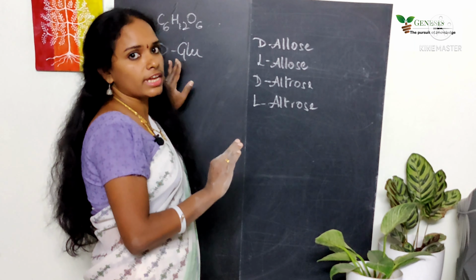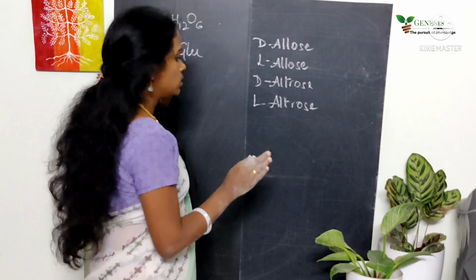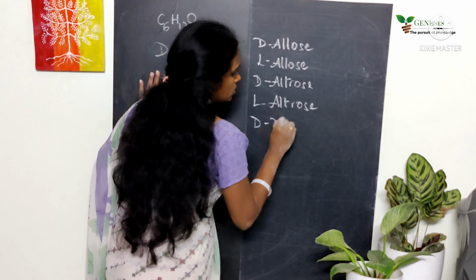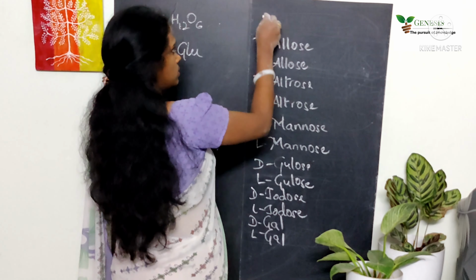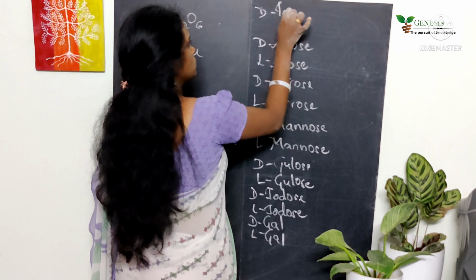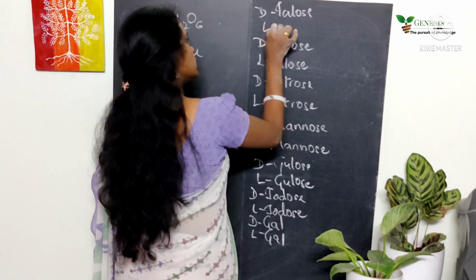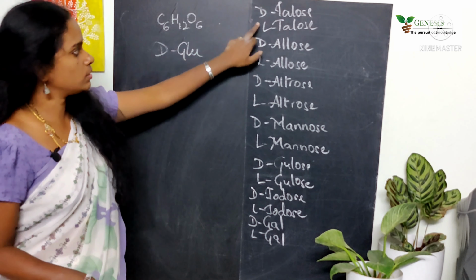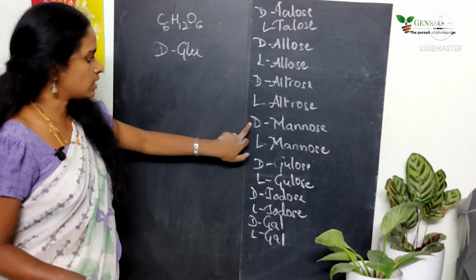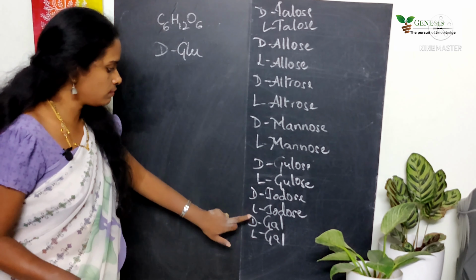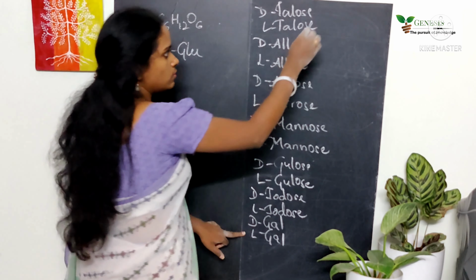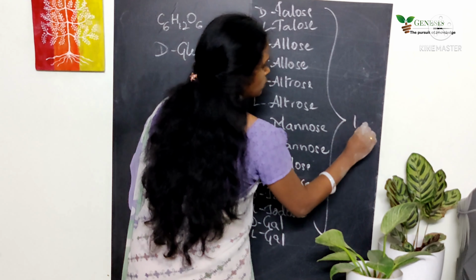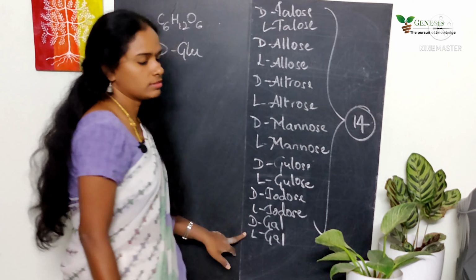So we have to exclude the L form of glucose. The next one, D-mannose. The last one I am writing here, D-tallose, L-tallose. Let's count: 1, 2, 3, 4, 5, 6, 7, 8, 9, 10, 11, 12, 13, 14. So 14 isomers.